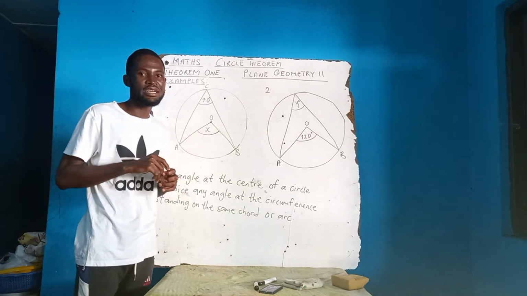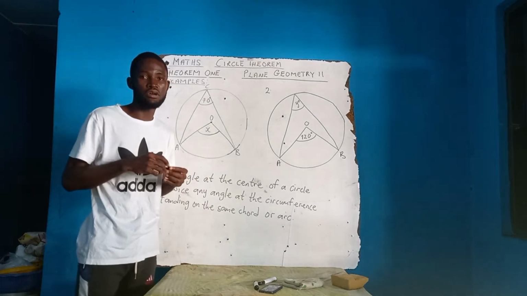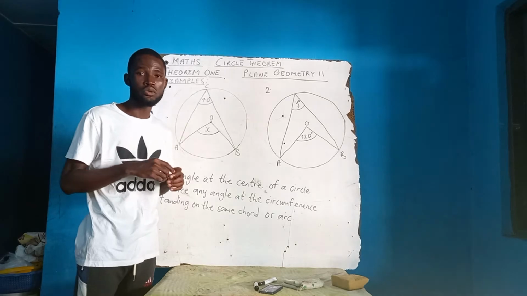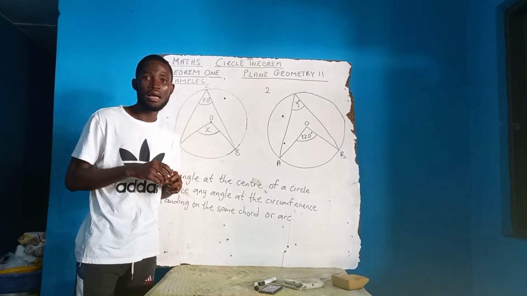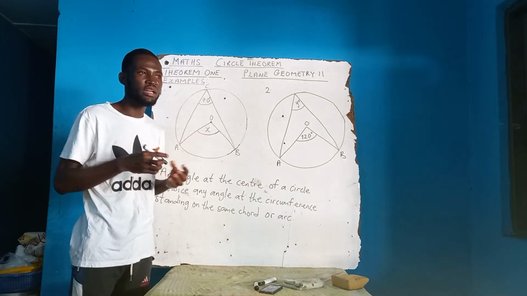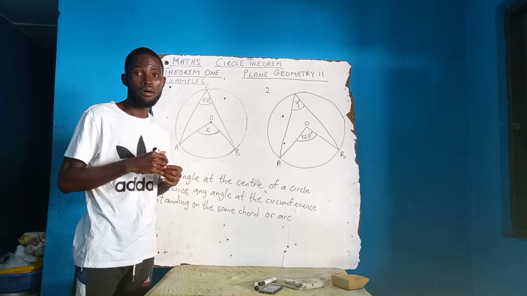I'll urge you to take your seat and follow my discussion on these two separate examples, and we'll get to understand how we can extensively apply this theorem 1 in answering our illustrative examples.